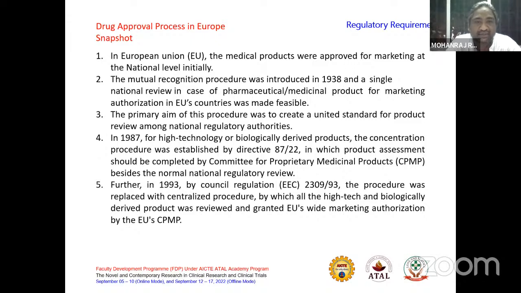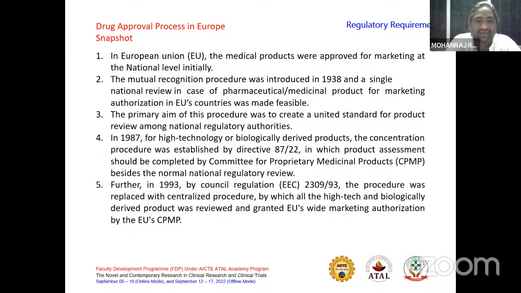The primary agenda of this procedure is to create a standard for all EU countries. This was formulated after 1987 under the aegis of the CPMP, Committee for Proprietary Medicinal Products, which decided to harmonize the regulatory law.